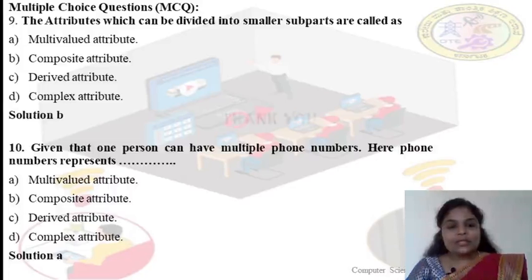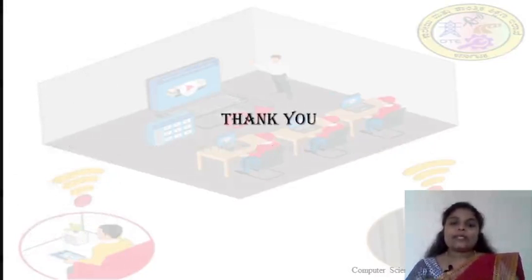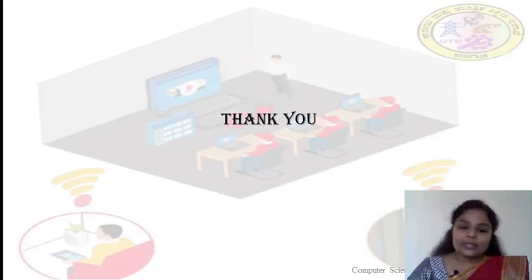I hope the concepts are clear. By this time, you should know the meaning of entity, entity type, entity sets, key value, value set, that is domain, what you mean by entity, attributes, and the basic steps while designing a database application.